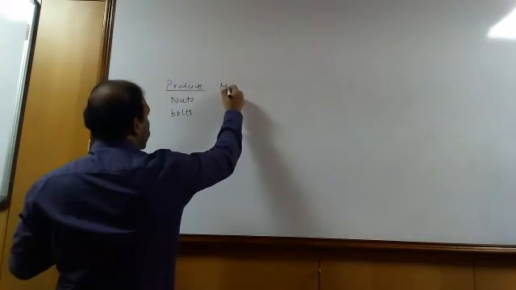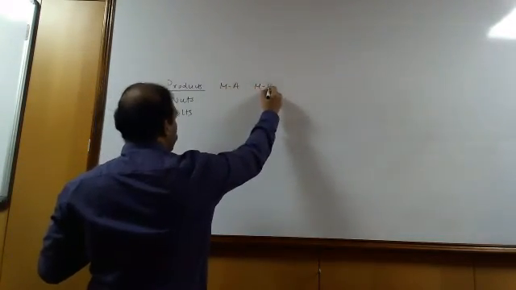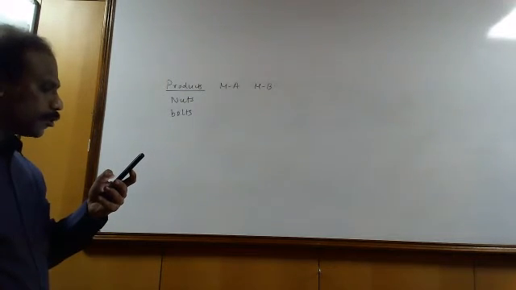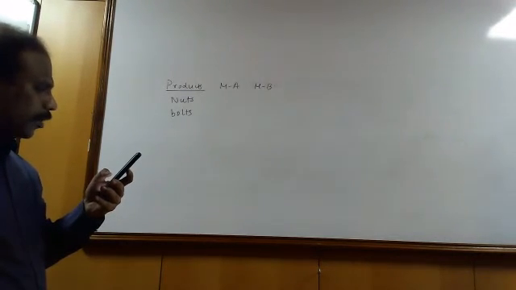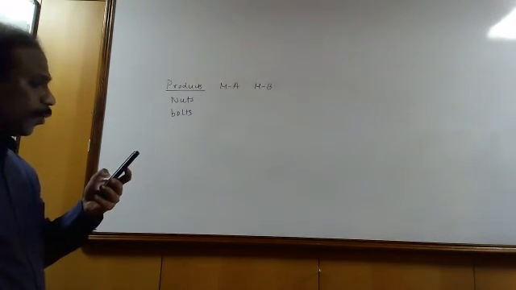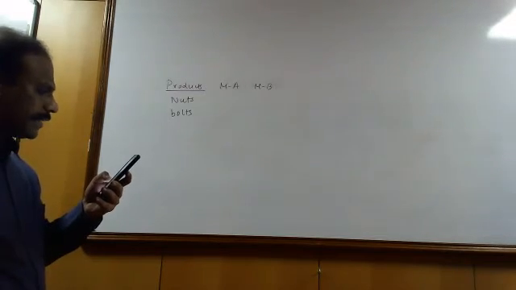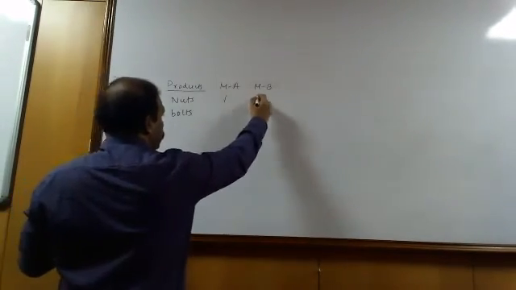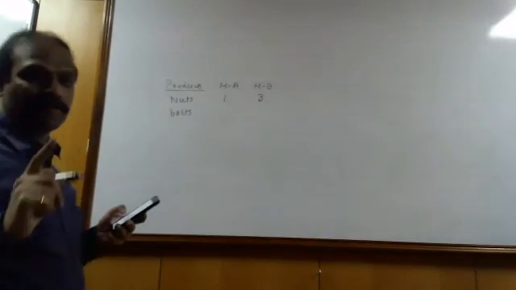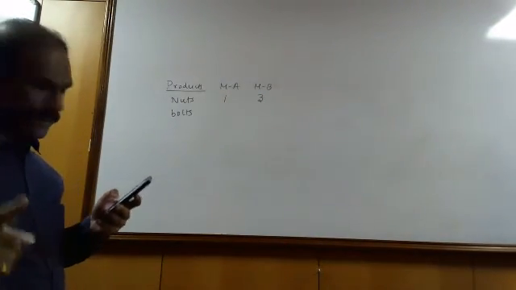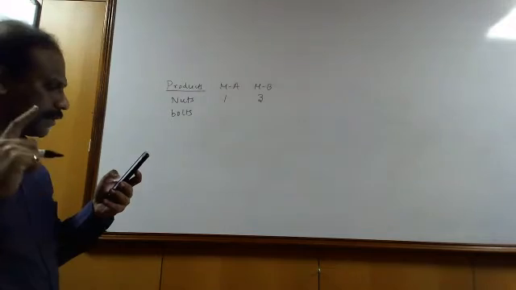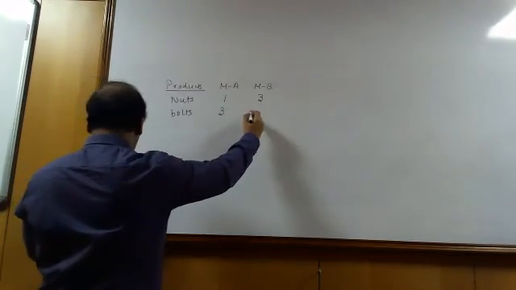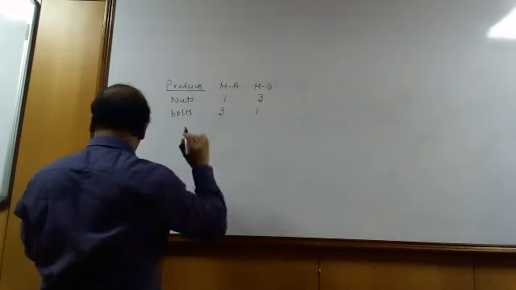One is machine A and the other is machine B. Now, 1 hour on machine A and 3 hours on machine B is required for manufacturing a pack of nuts. Similarly, for manufacturing bolts, 3 hours on machine A and 1 hour on machine B is required.